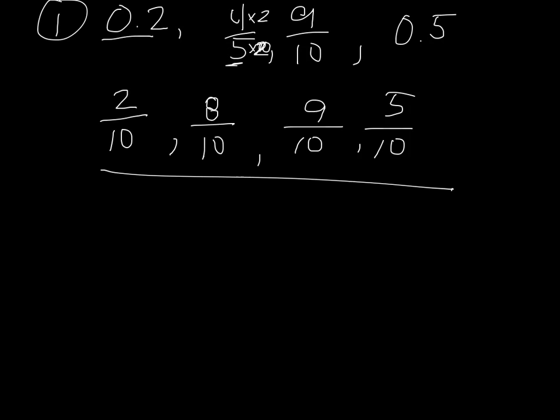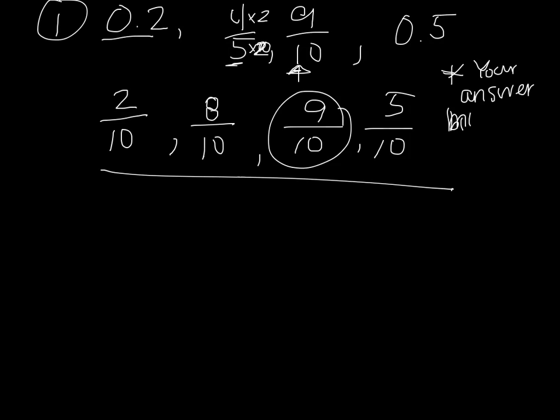So right away, I see that this is the biggest one, and I'm going to make sure that I write down the original number. Please, you guys, listen to this right now. Do not write down your converted numbers. Write down, we'll make a note, your answer must include the original numbers.